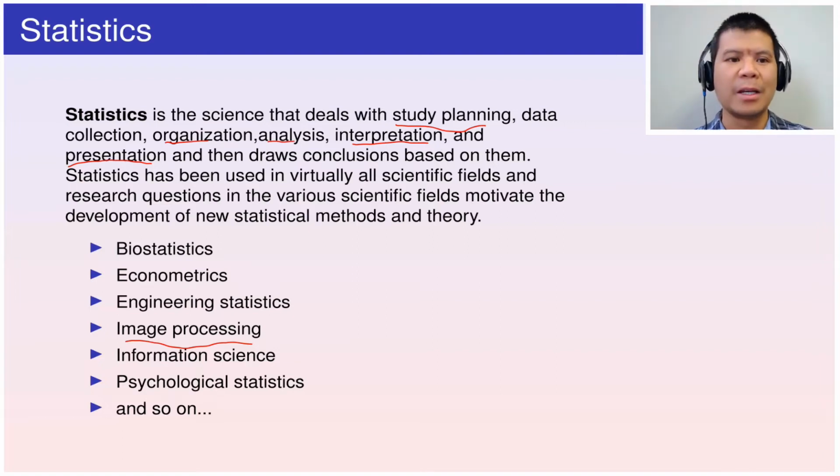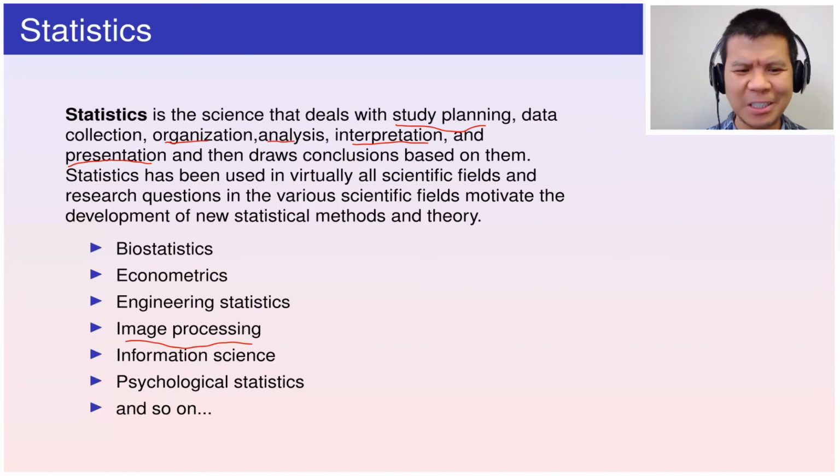For instance, this is high dimensional analysis. When we talk about an image, it can be thousands of data points in one single image, so that's really high dimensional. This is going to be a new area in statistics, and other areas like information science and psychological statistics.